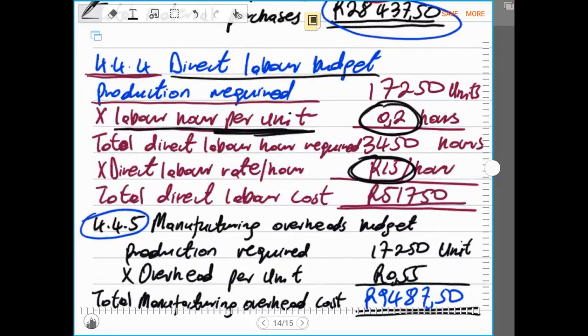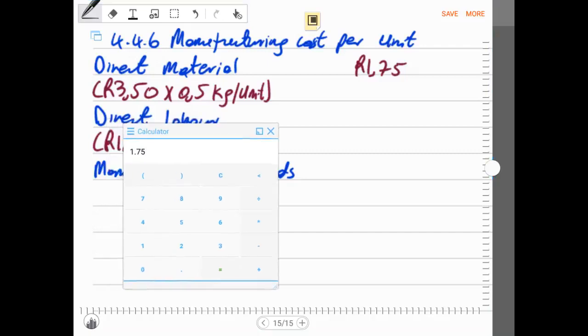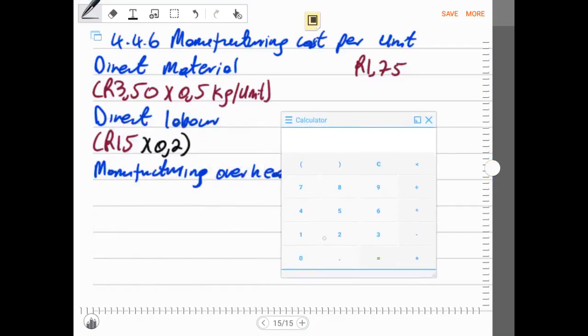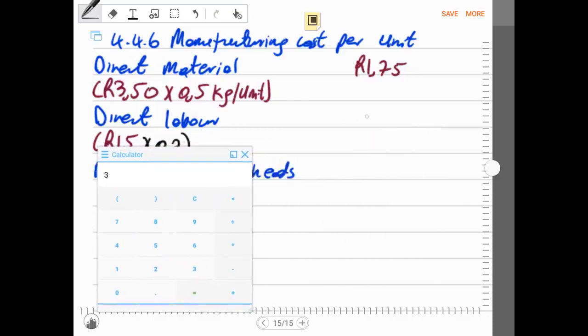So if you take the number of hours per unit and multiply that by the rate per hour, that will give us the direct labor cost per unit. 0.2 hours per unit times 15 rand per hour, the number of hours it takes to complete one unit, and that will be 3 rand.